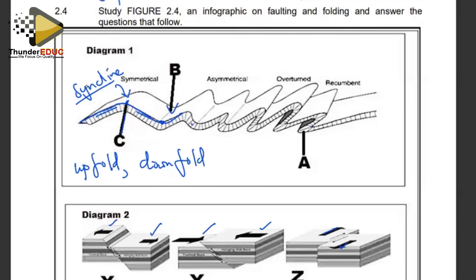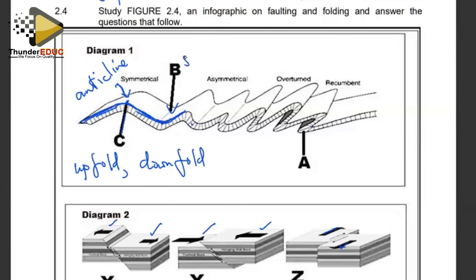Sorry, I'm writing the confusing thing here. For an upfold, it's an anticline, because it's folded up. For this one here, this landmass is stretching up and this landmass is stretching up, and the bend is on top. But if you compare with this one, it's different. The bend is at the bottom.